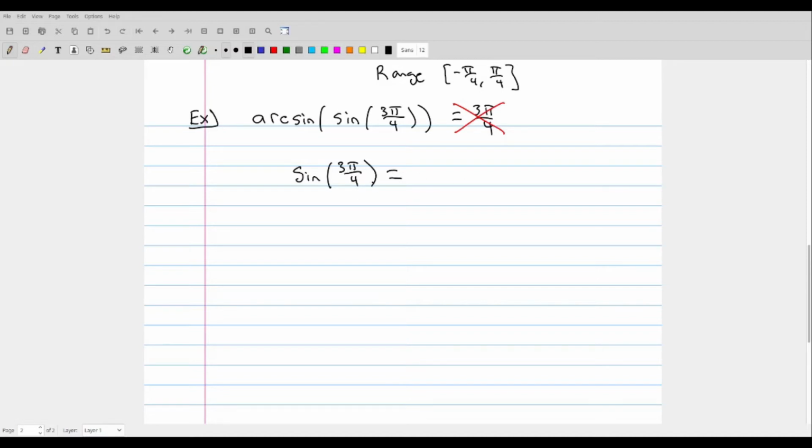We can use the fact that sine of 3 pi over 4 is in fact equal to 1 over the square root of 2. If you don't remember that, you can go ahead and draw out the unit circle from a previous lecture, where you'll see that this is exactly the case.